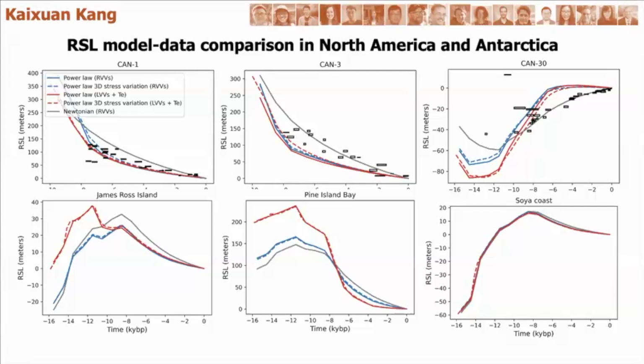But at the Antarctica sites, we can see those model predictions, grouped by either 1D or 3D and by the nonlinear rheology, are almost identical to each other. This means whether I include the nonlinear rheology or not, it will not change the predictions much.